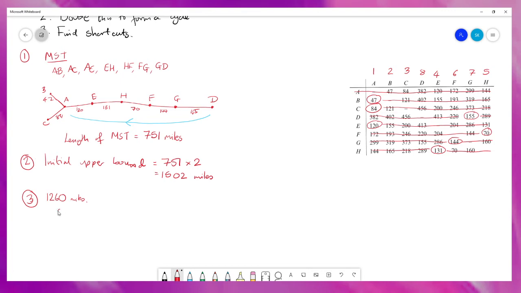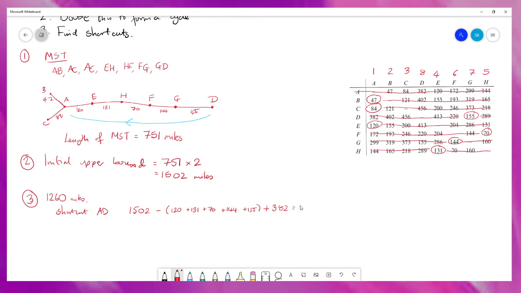So shortcut A to D is going to give us a length of 1,502 minus all of these added together, but then we've also got to add on that A to D length here, the 382.